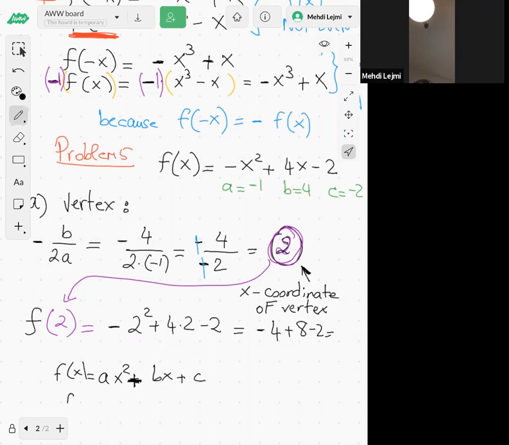If you know how to compute the derivative, it would be 2ax plus b. This is in Calc 1. When the derivative is 0, that's where you find your local maximum and local minimum. And the derivative is 0 here, which means x is minus b over 2a.